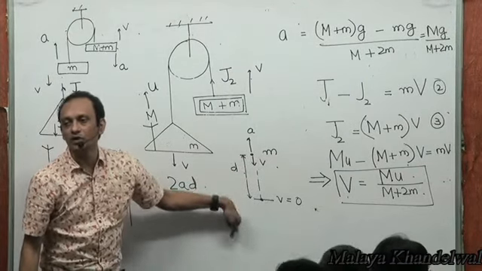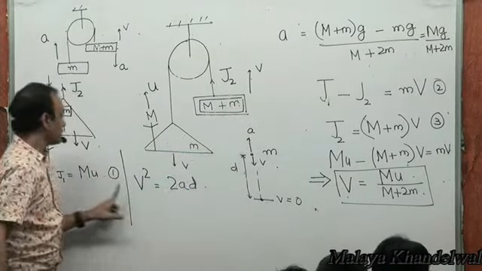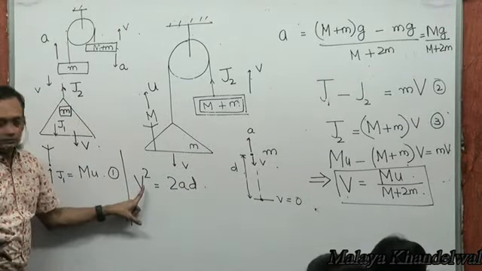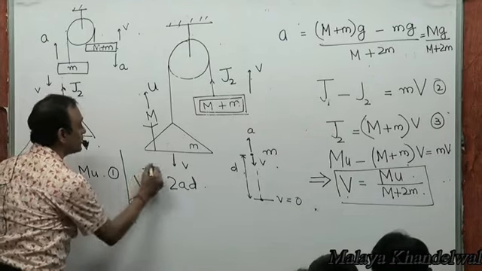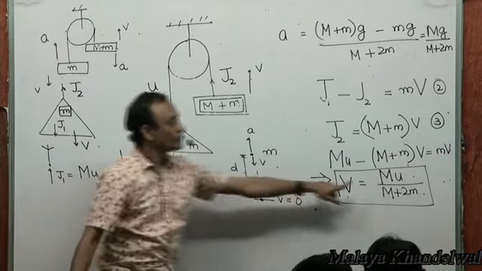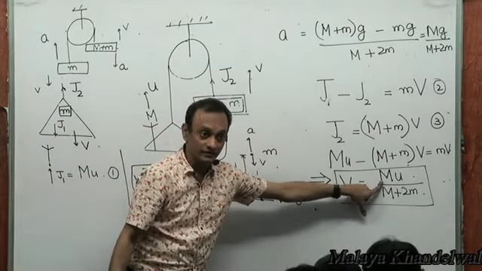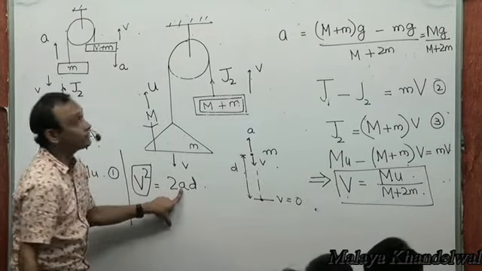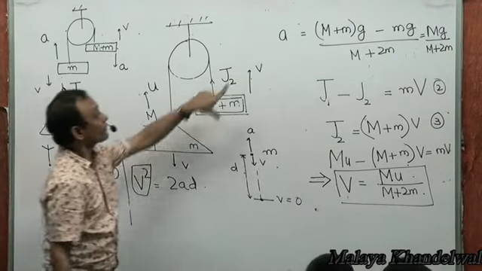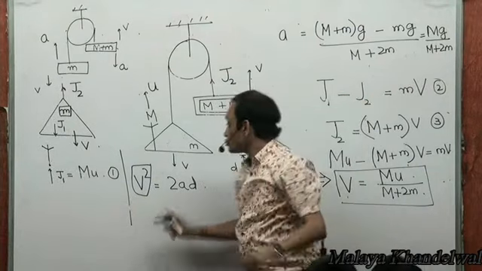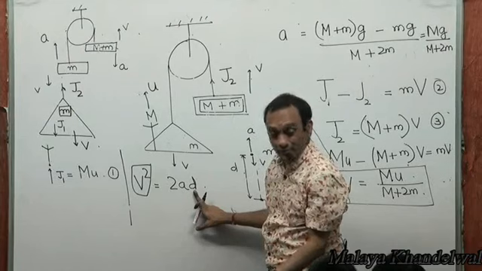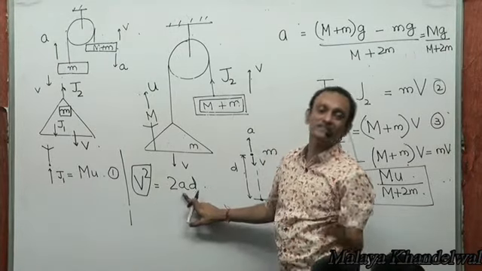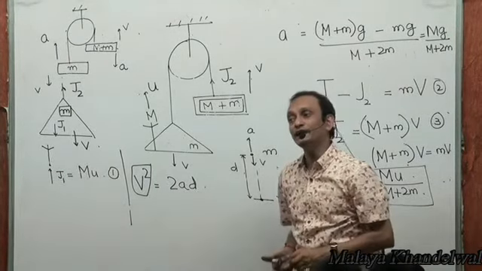I have taken downward positive, upward negative. Right? So minus minus will get cancelled. So v squared is 2ad. V is known to me. We have computed v earlier, right? A is known to me, which is this. So the distance, the downward descent of the platform d, can be obtained from v squared by 2a.